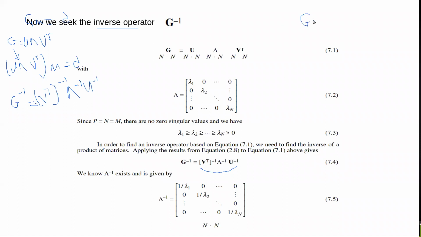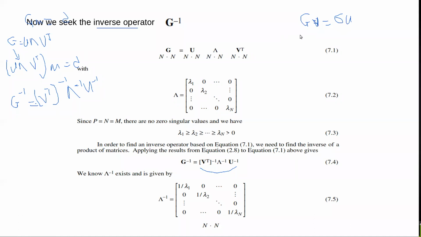We know that G is U lambda V transpose, where V is the model space and U is the data space.